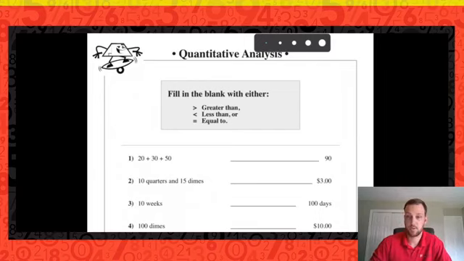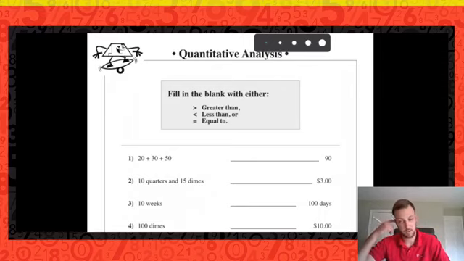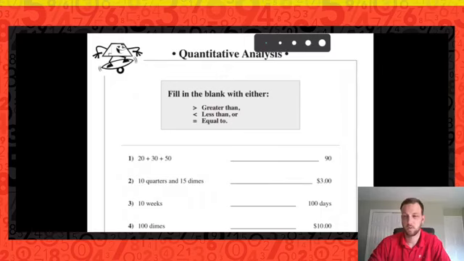All right, so number 2. 10 quarters and 15 dimes. Is that greater than, less than, or equal to $3? Well, it's hard to compare things when they have different denominations. On the left-hand side, we're looking at quarters and dimes, whereas on the right-hand side, we're looking at dollars.